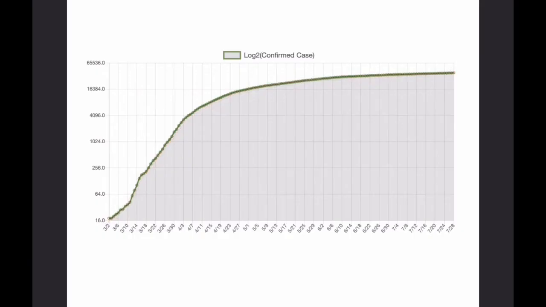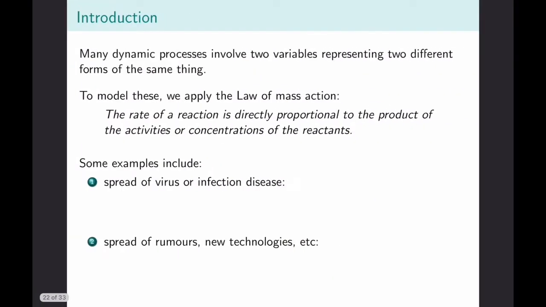That gives us an idea that not only is this shape quite popular amongst the realistic models, it's also something that would be useful to study for things like the spread of the virus or infectious disease.